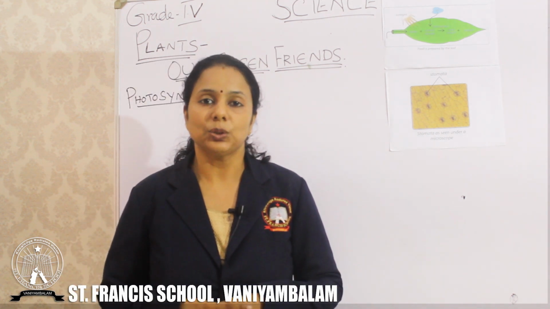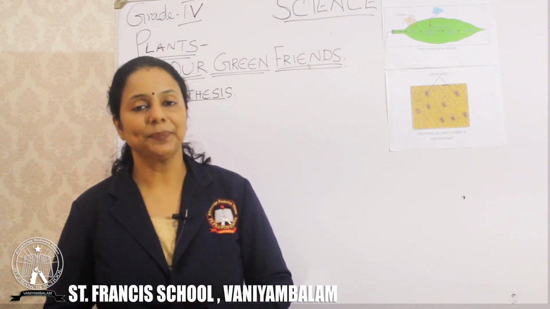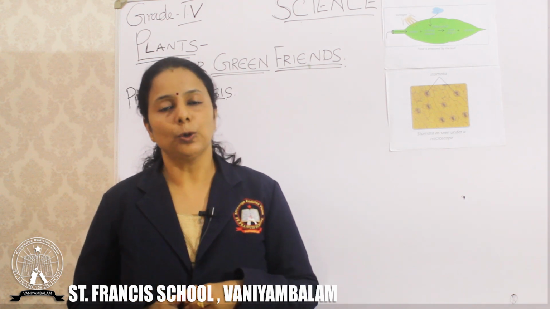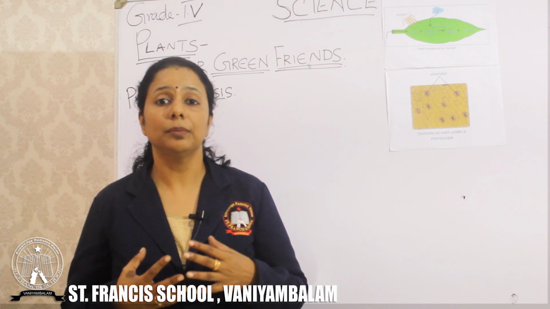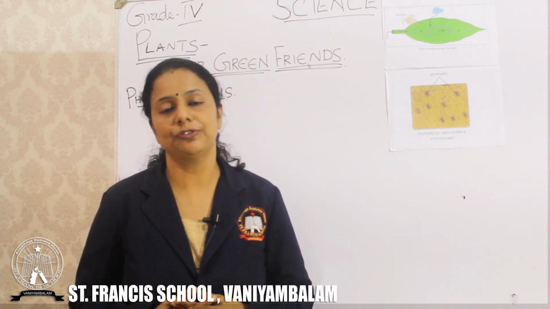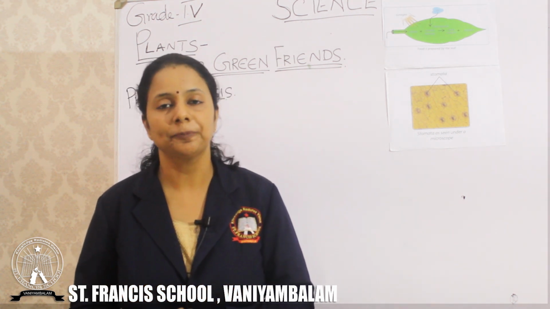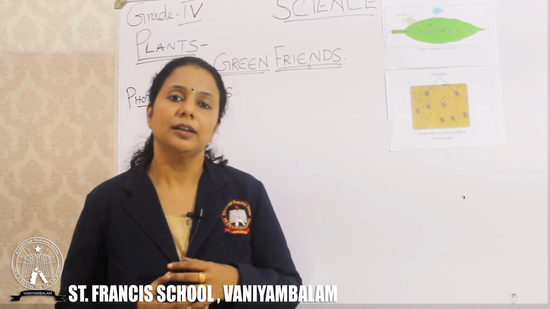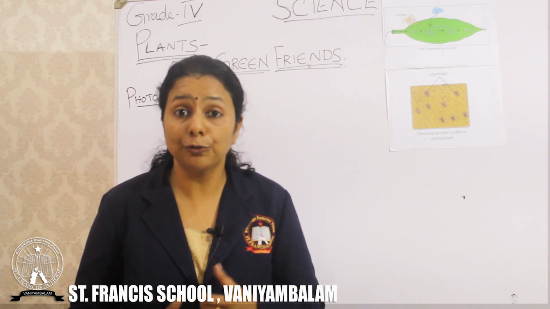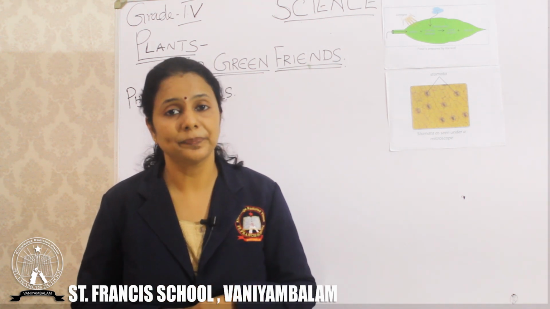Okay, so let us start the class. As you know, plants are green in color and mostly the leaves of the plants are green in color. Let me ask you one question. Where do we prepare our food in our home?